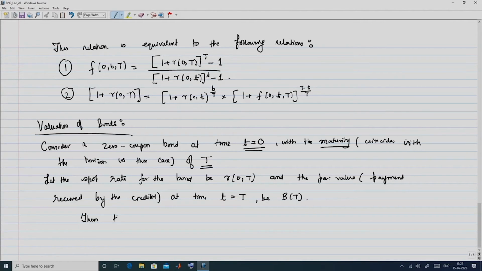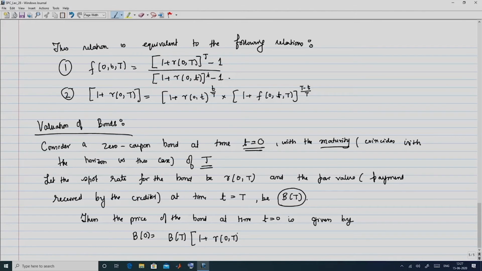Then if you receive an amount of B(T) at time capital T, then the price of the bond, or the amount that the creditor should lend at the initial time t equal to 0, is going to be given by B(0) = B(T) into (1 + r(0, T)) raised to minus T. So, how do we get it?